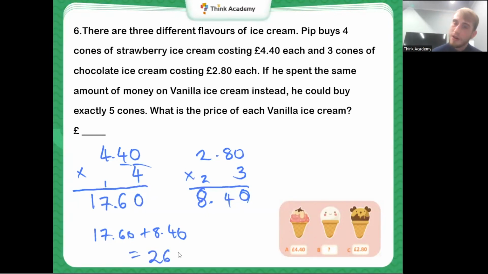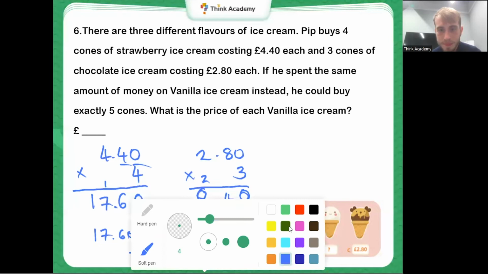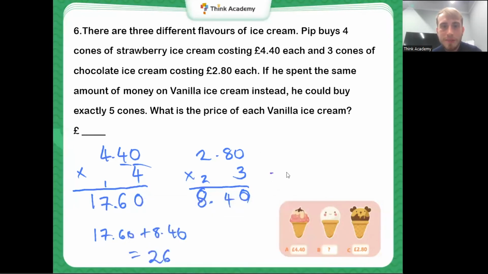Now, next, it's not over yet. We've got another step. He spent the same amount of money on vanilla ice cream. So let's use a different color. How many vanilla ice creams could he buy? How much did he spend if he bought 5 cones? So we need to divide that into five groups. So £26, divide that by 5. So how many 5s go into 2? None.